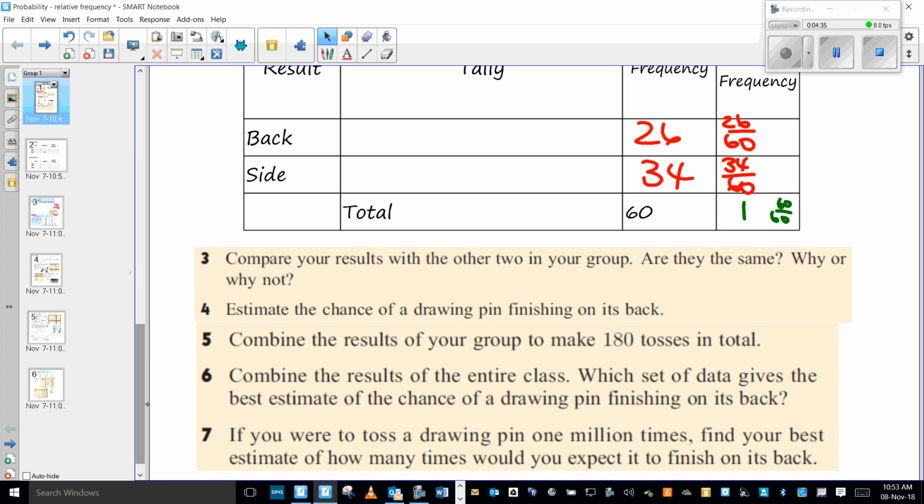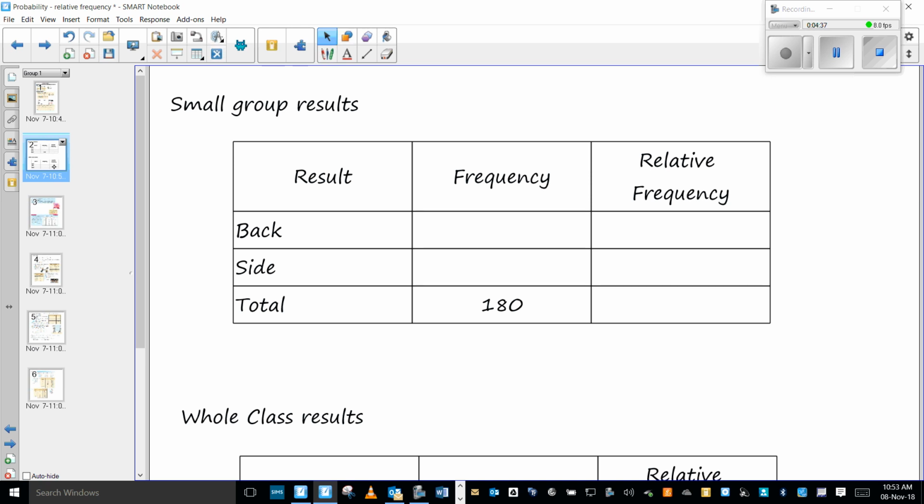So, in the next thing here, we don't need to have tallies, so I just put a chart, so this is your small group results. You're going to add up how many you got on the back from all 3 of you, how many you got on the side from all 3 of you, and then your new relative frequency will all be over 180. Okay?